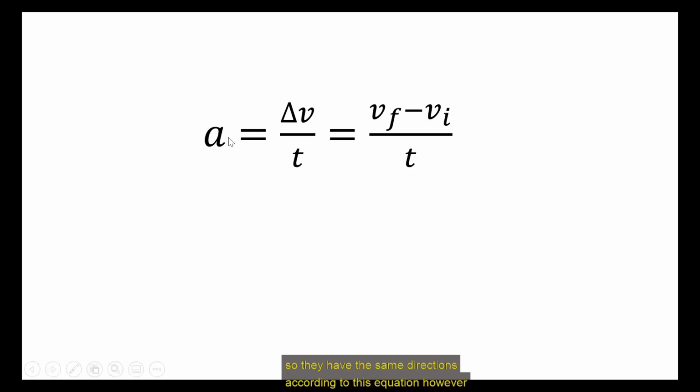So they have the same direction according to this equation. However, can we understand this from a more physics perspective, like the underlying physical process, instead of the mathematical perspective? Of course. Let's look at an example.